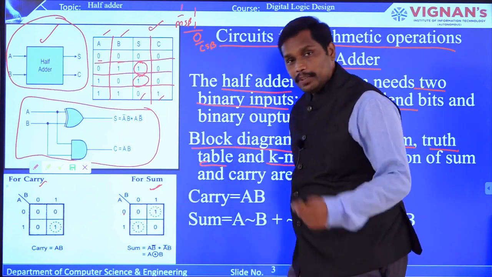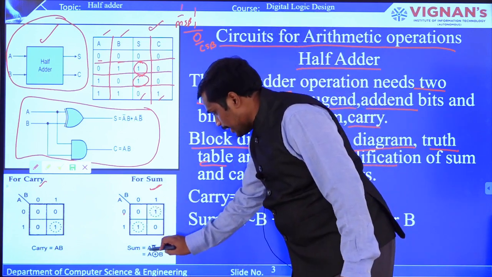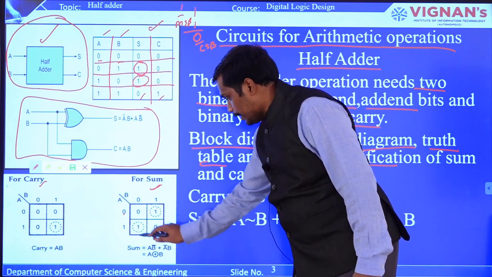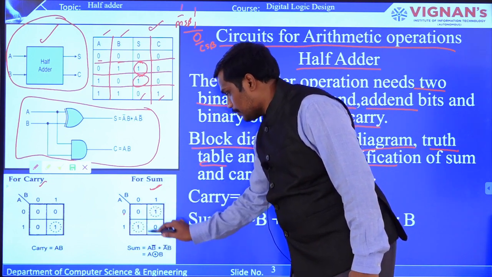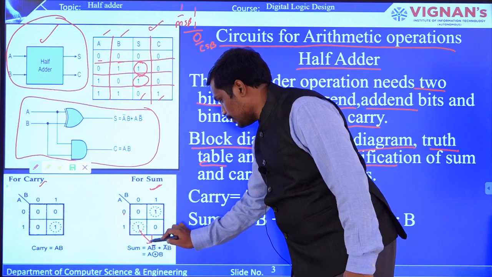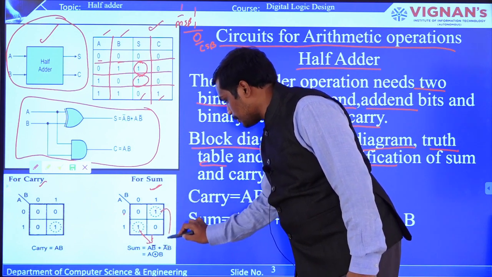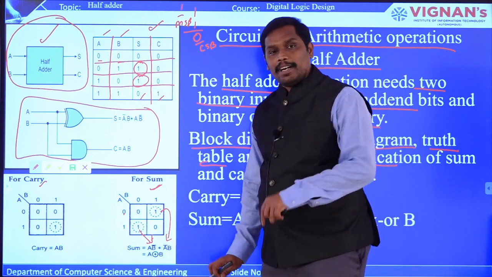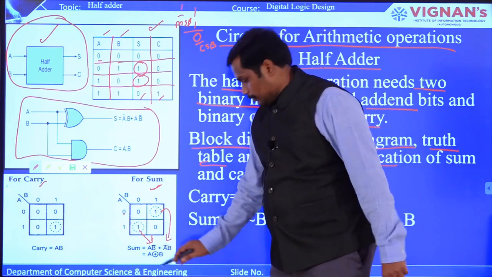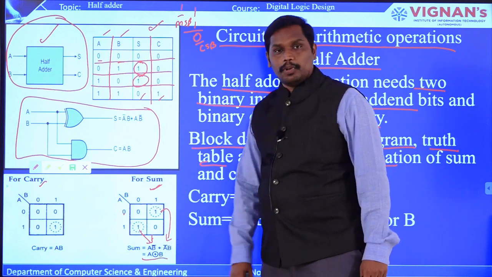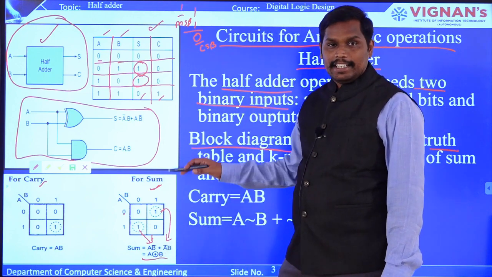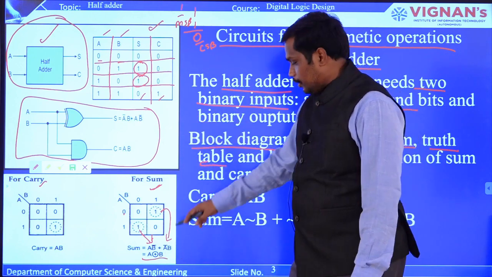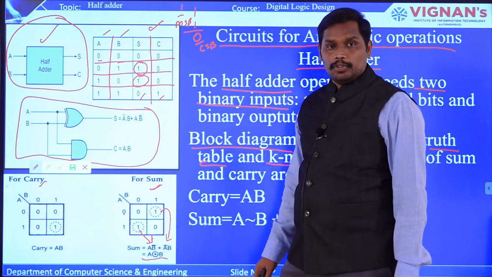From the 2 isolated ones, we have generated an expression, something like A B bar, because this is A and B bar, this is the first one, and this one is represented over here, that is A bar B. So when you do A B bar plus A bar B, that is the XOR operation, which is A exclusive OR B. I hope you remember the gates that we have discussed. In that you can see this particular operation, that is exclusive OR.